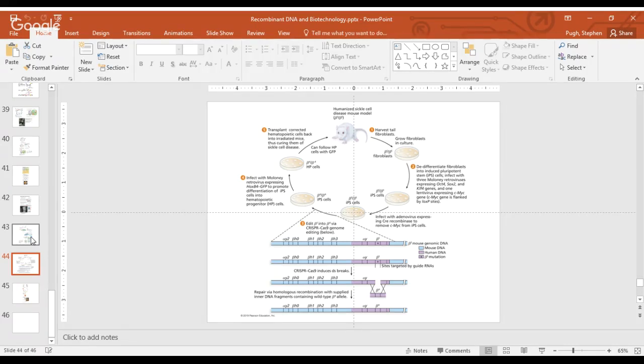Once we've done that, we manipulate these cells and grow them in culture and then reintroduce them back into the mouse and hope that these now blood stem cells will replace the stem cells that already exist in that mouse. And these new stem cells are ones that are producing normal hemoglobin.